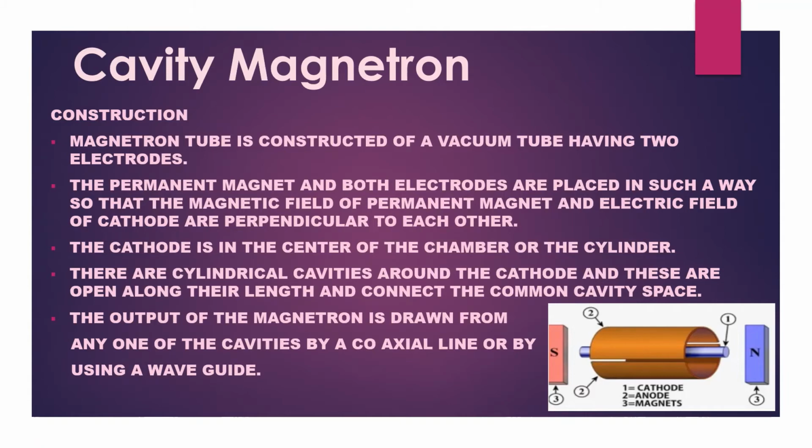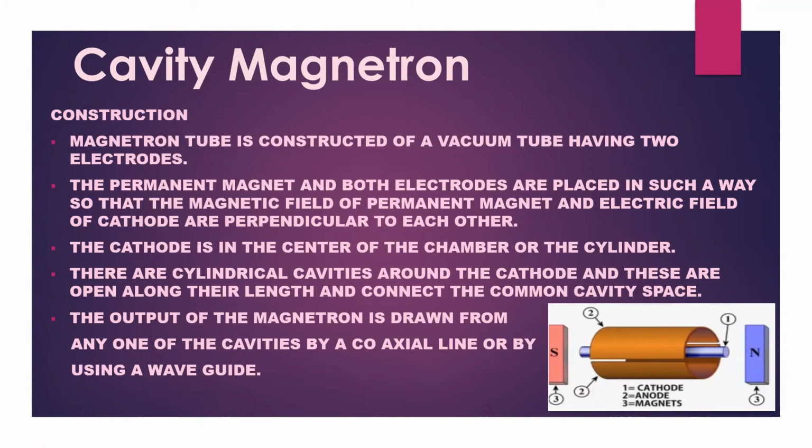Okay, so let us see the construction. A magnetron tube is constructed of a vacuum tube having two electrodes. The permanent magnet and both electrodes are placed in such a way that the magnetic field of the permanent magnet and the electric field of the cathode are perpendicular to each other.